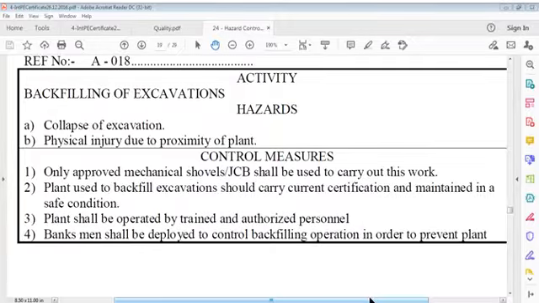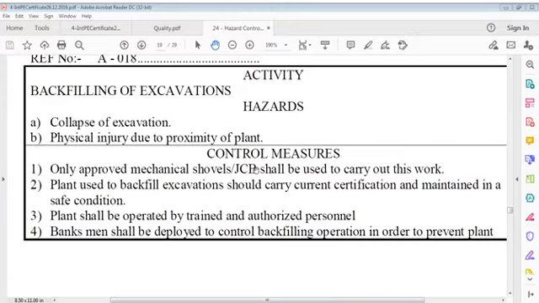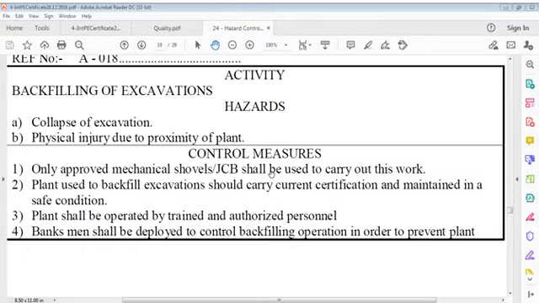Plant used to backfill excavations should carry current certification and be maintained in a safe condition. Plant shall be operated by trained and authorized personnel. Banksmen shall be deployed to control backfill.